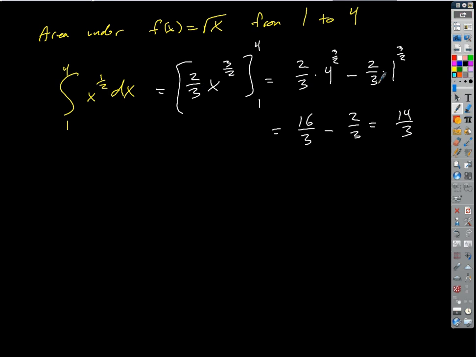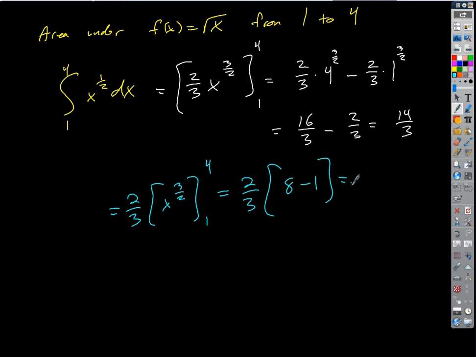So we could have written this as 2/3 times x to the 3/2 evaluated from 1 to 4. So 2/3 times 8 minus 1. 2/3 times 7 is just 14/3.